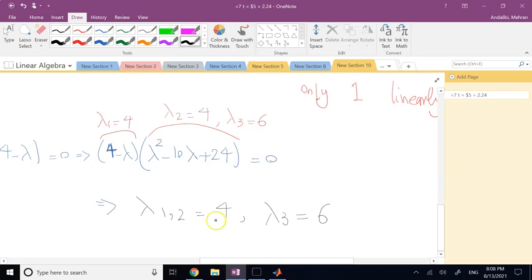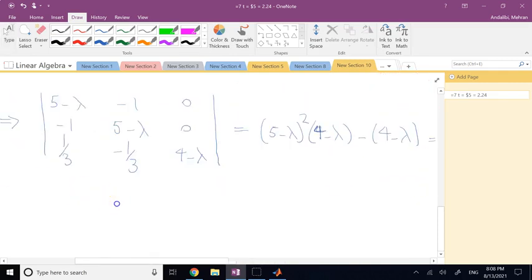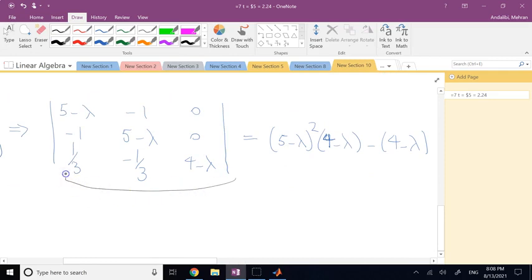Okay, and now the question is, for these two lambdas that are equal to 4, do I have two linearly independent eigenvectors or linearly dependent eigenvectors? So if I plug this 4 into here, which is A minus lambda I, this is going to be 0, you get the 1, you get the 1.